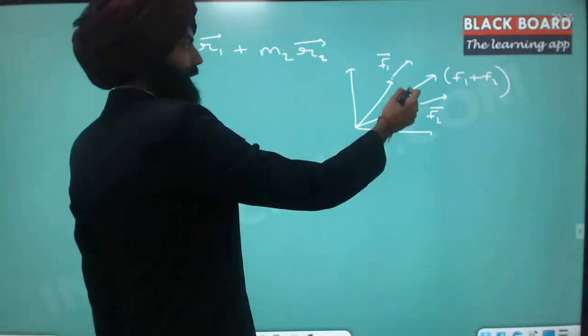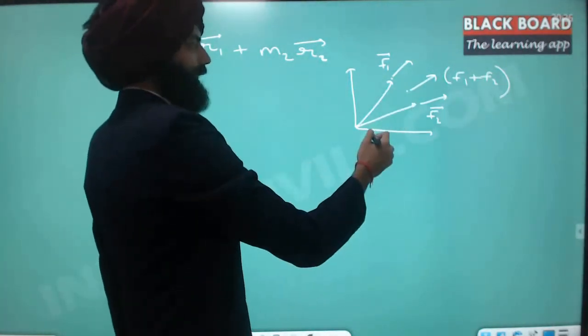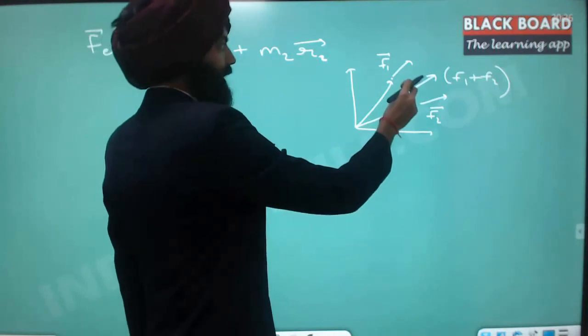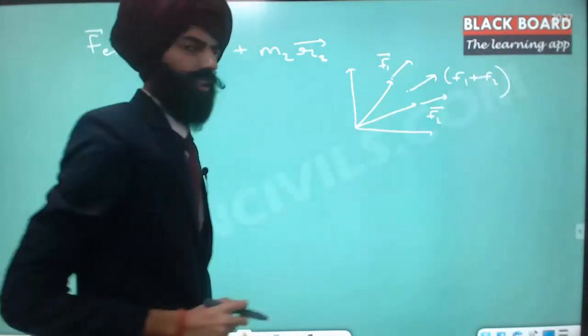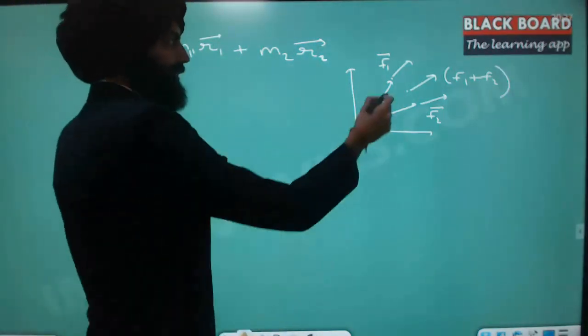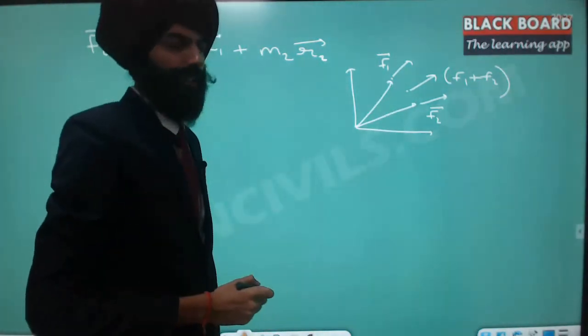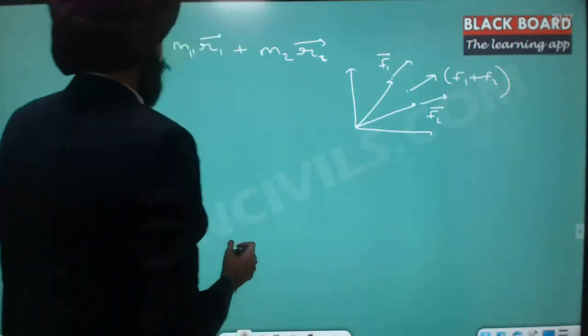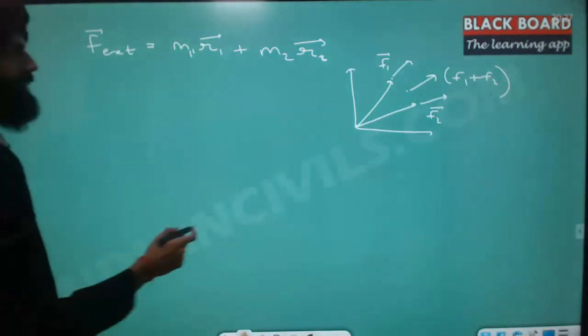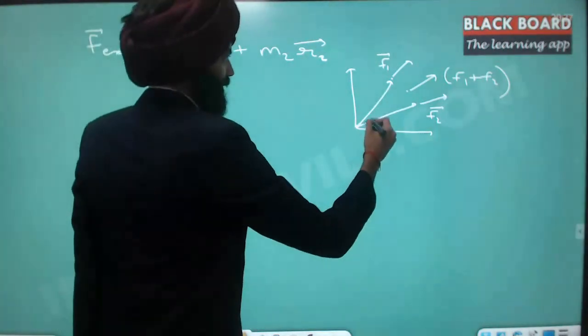This is an arbitrary point. There is nothing physical over here. It's just that we choose a point like this so that we can apply this whole force on this point and find the equation of motion of this point particle, and then we can back substitute to calculate how these two particles will behave.